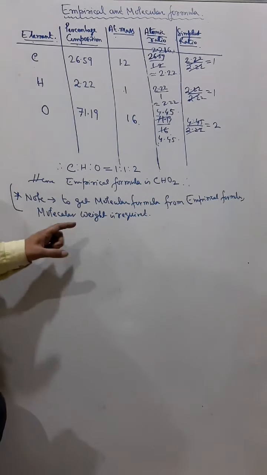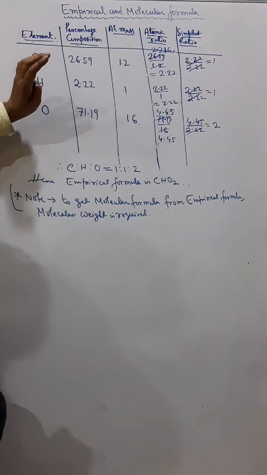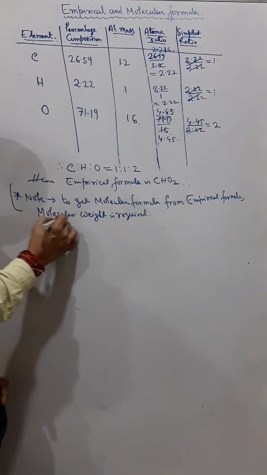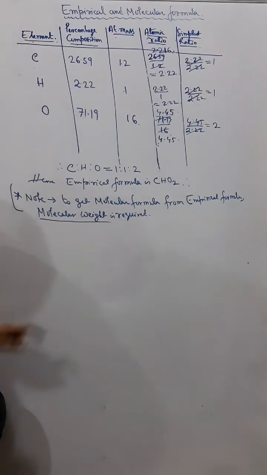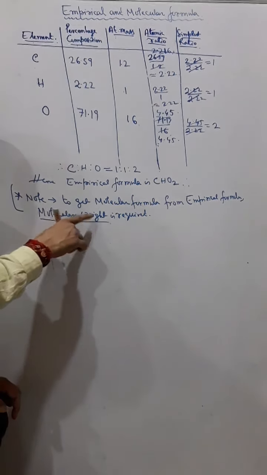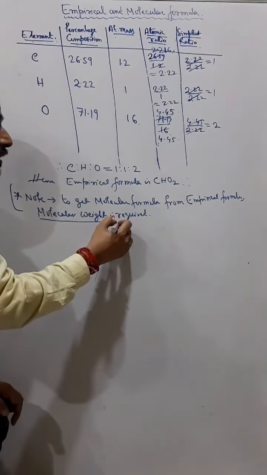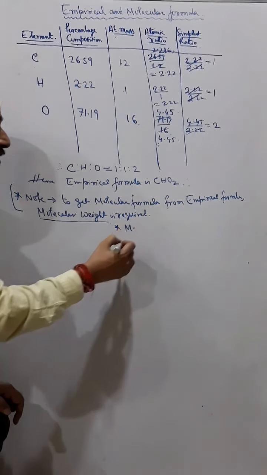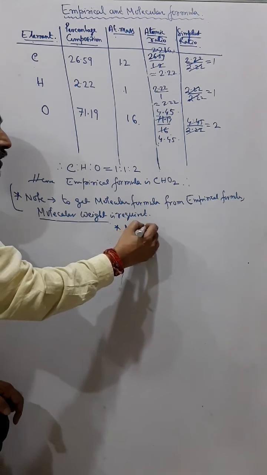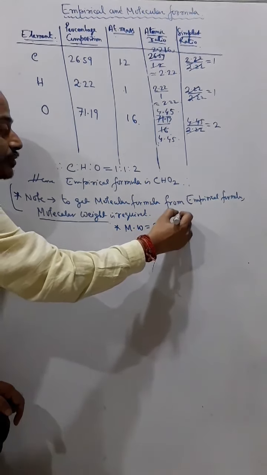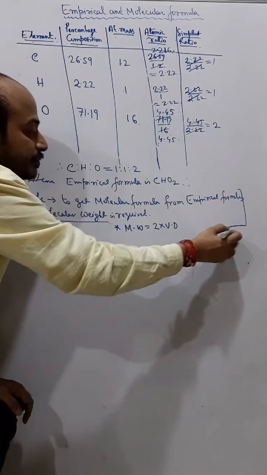So in the question, if they ask you to find the molecular formula, naturally they will give you the molecular weight, because it is required to calculate the molecular formula. But if molecular weight is not given directly, they may give you vapor density, because you also have to remember this relation: molecular weight is equal to 2 into vapor density.